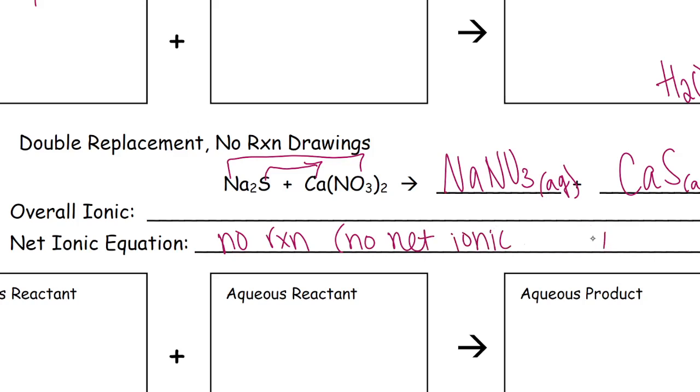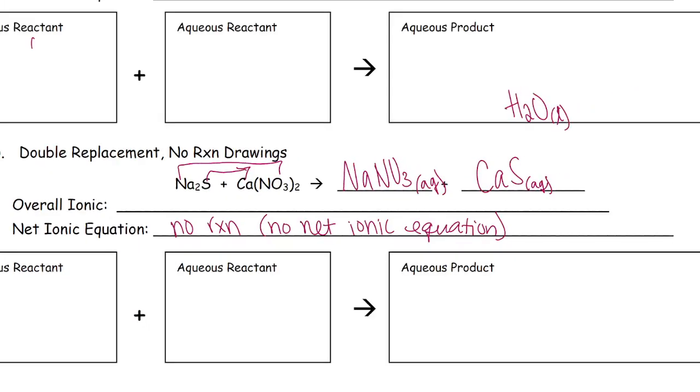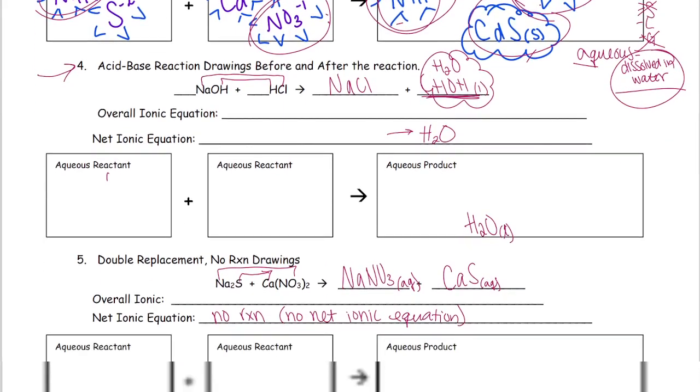But you should still be able to predict the products, balance it, write the overall ionic equation, and then show me what your ions are, draw the particle diagrams like we did above.